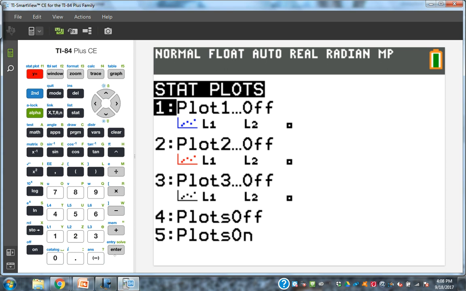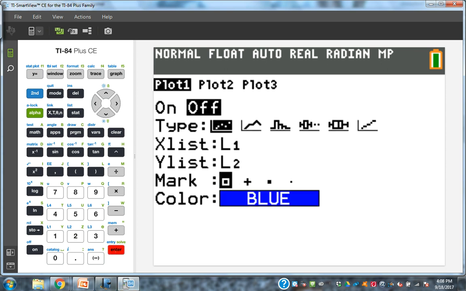I'm going to hit enter on number 1, and then I'm going to tell it to turn that thing on. And then on the top, make sure the first selection is highlighted. That's the scatter plot selection. The next selection is a line graph, then a histogram, a couple of versions of box and whisker plots, and then a step graph is the last thing. But we want to use the first one, the scatter plot.